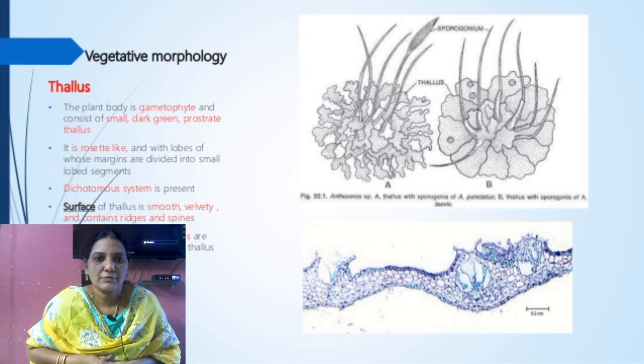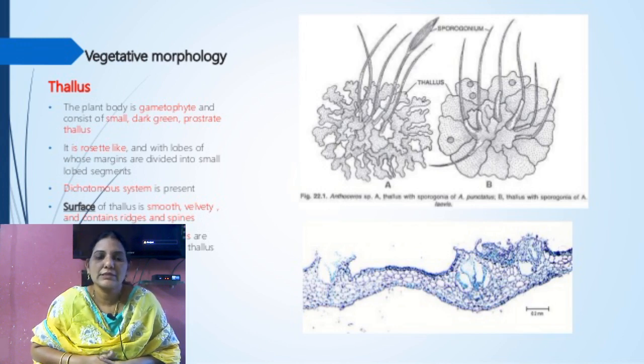So coming to the vegetative morphology, this is the external structure of the thallus. The thallus is divided into dichotomous branches, unequal dichotomous branches. It looks like a flower-shaped structure, dark green in color, and the upper surface has small green spots.